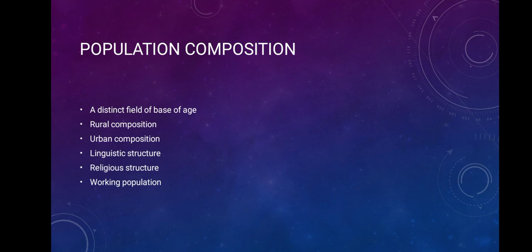But this distribution of population is not even or uniform, because some parts have a rural population even less than 50%, while some parts have above 90%.